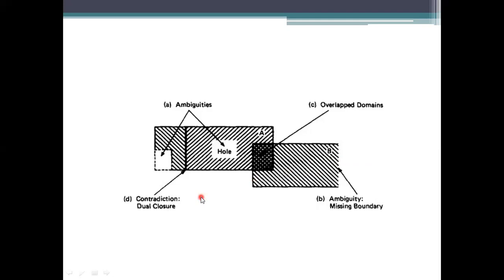Coming to this representation, here the A domain has two closures. Closure means the boundary provided for the domain. But it has two closures here, which is represented as a dual closure. Within the A only, we are creating another closure for representation. A can be accessed from here to here, and we are mentioning from here to here.